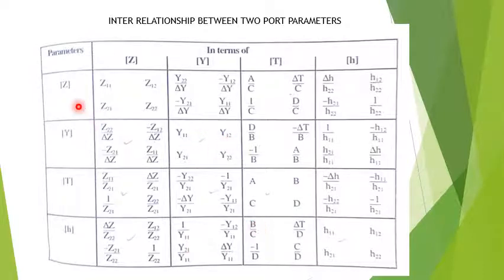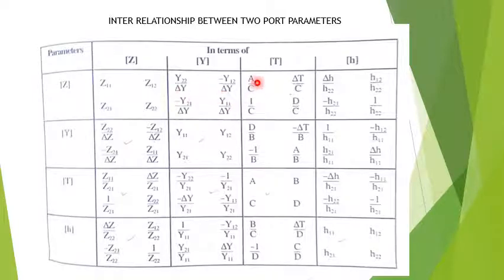So you can see here the Z parameters. You can find, for example, Z11 is Y22 upon delta Y, Z12 is minus Y12 upon delta Y, Z21 is minus Y21 upon delta Y, and Z22 is Y11 upon delta Y, where delta Y is the determinant of the admittance matrix, that is Y11, Y12, Y21, and Y22.